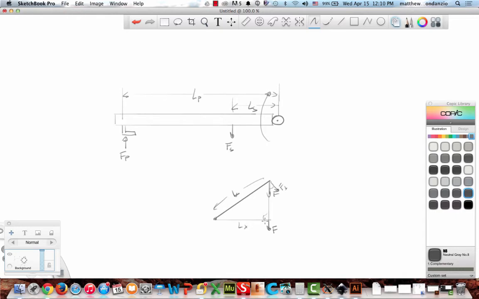Because that's a right triangle, isn't it? That's theta, and if you know L, you can determine Lx. So it's force times the x component. It's a little bit less. Does that make sense? Okay.